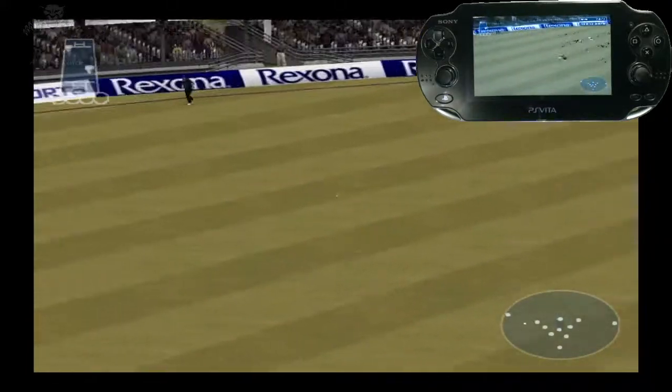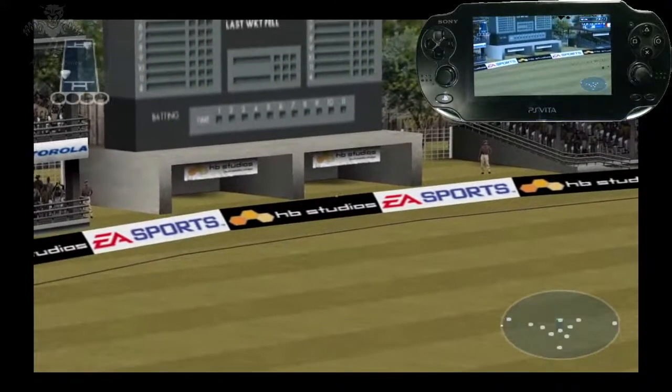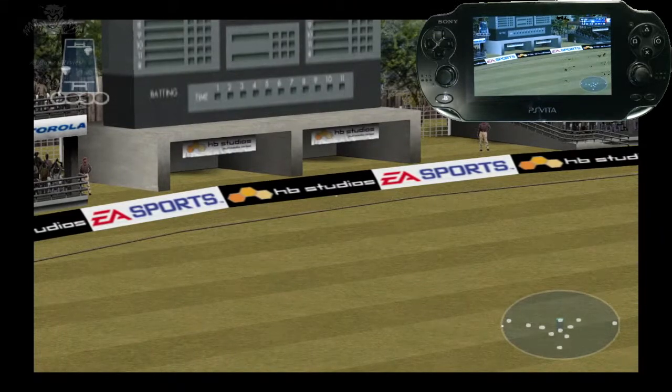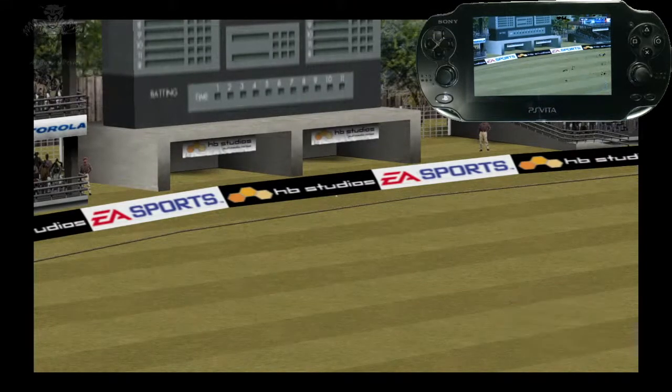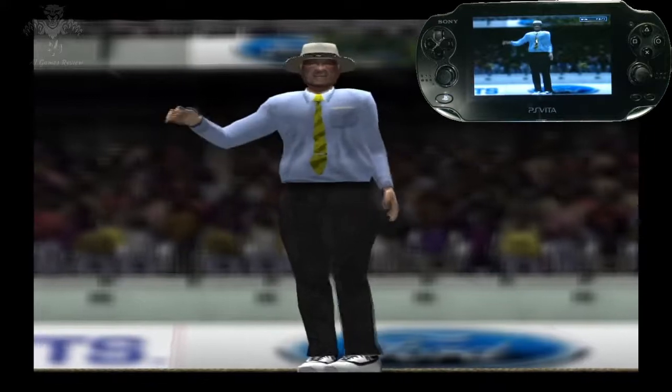That's racing away to the square leg boundary. Had his eyes closed when he played that one. What a good hook shot. Got on top of it, kept it down, and beat the fielder to it.